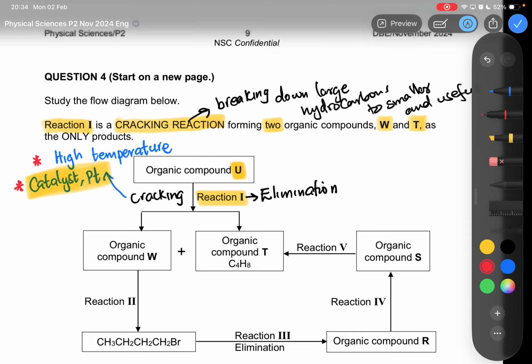These compounds are likely to be an alkane plus an alkene.